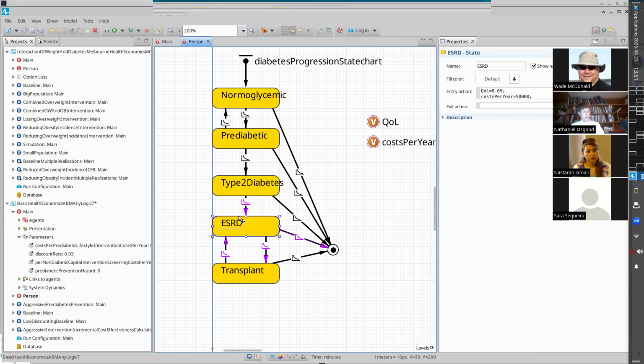So end-stage renal disease is a condition that imposes huge health impacts, huge impacts on quality of life, but also very high costs. Here in Canada, I think it's on the order of about $50,000 a year or more, with the cost of the dialysis, etc.